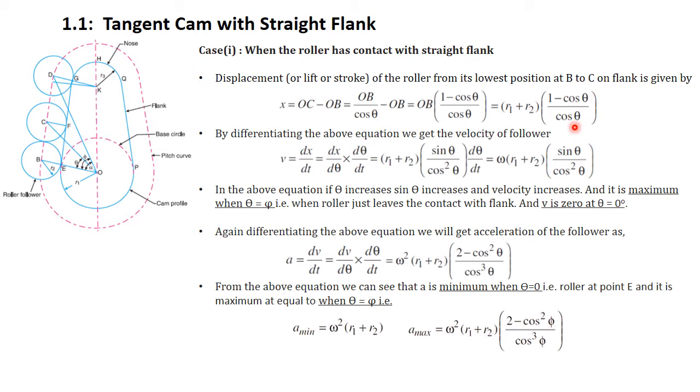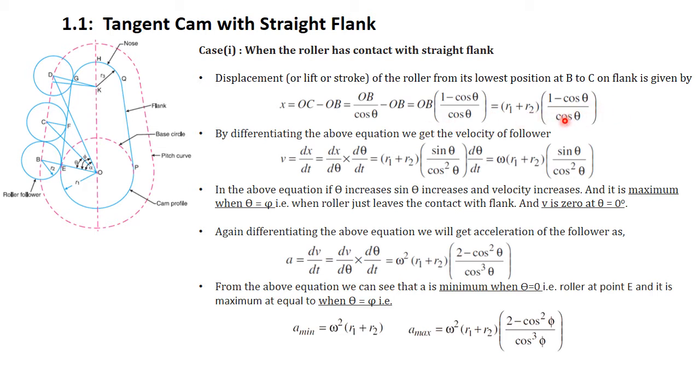So here, as the angle theta increases, displacement increases. Here we can see that cos 0 is 1, therefore displacement is 0 at the position when theta is 0, means at position B, and when it reaches the maximum position at D, the displacement is highest, right?